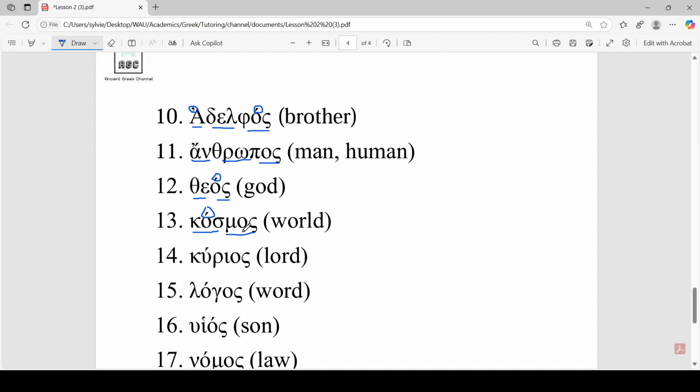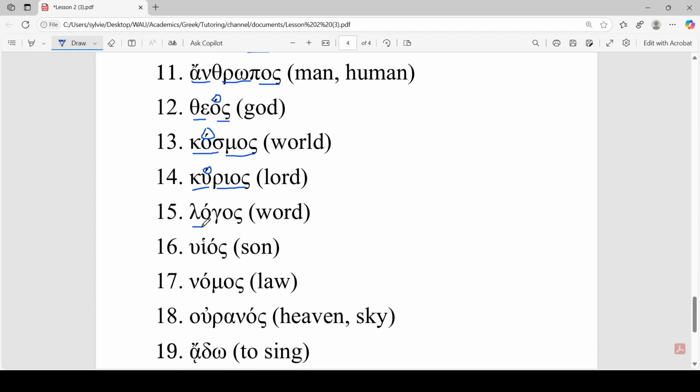It's cosmos. Cosmos. What about this? Well, it's kurios. Kurios. What about this? Pretty easy. Logos. Logos.